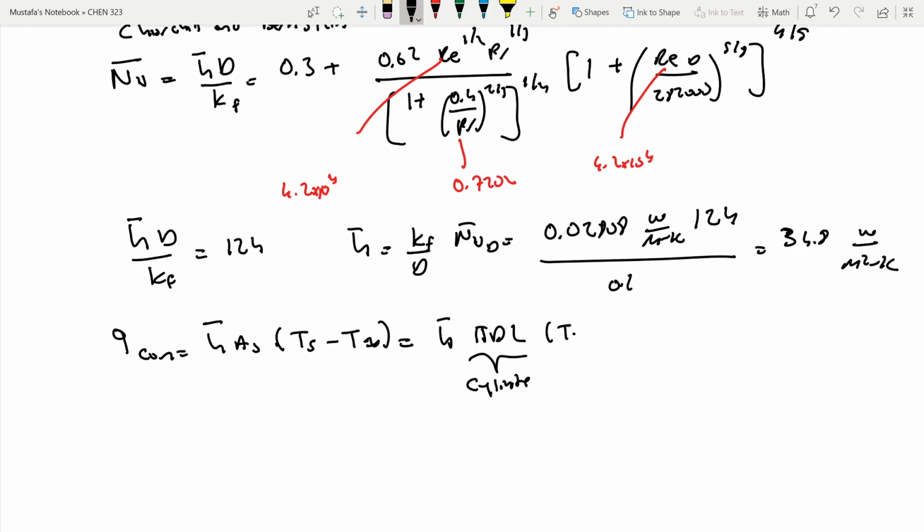So here we have 110 versus 10. H is 34.8 and pi D L is pi, diameter is 0.1, L is, let's say, 1 meter. So we will get 1093 watt. Okay, so this is the rate of heat loss from a cylindrical object.